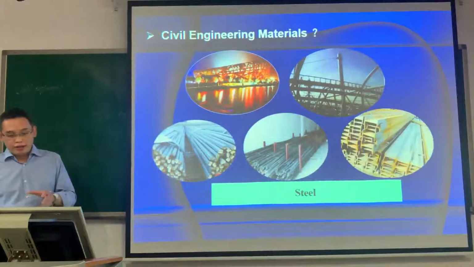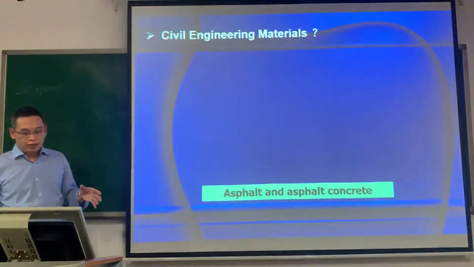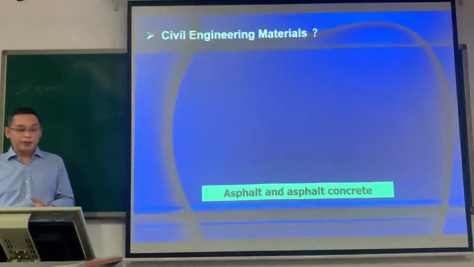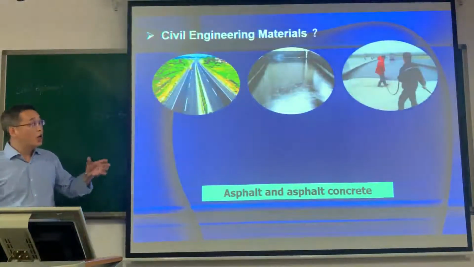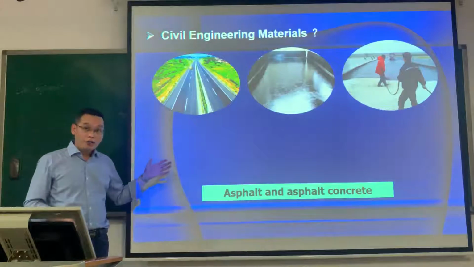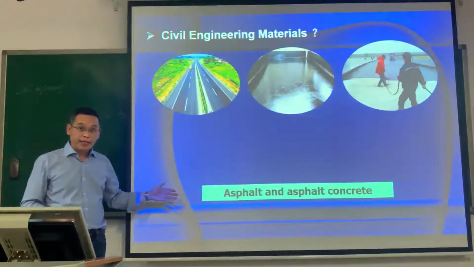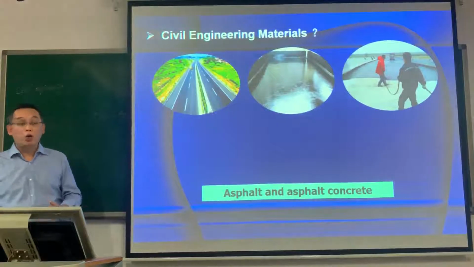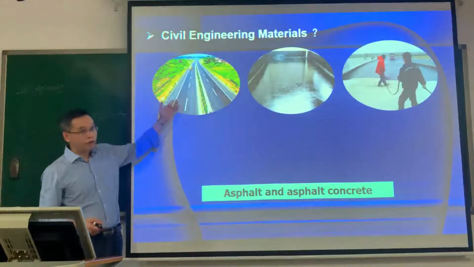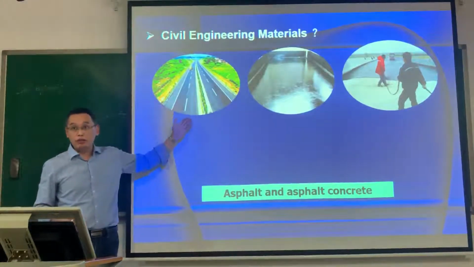And then is for the asphalt and asphalt concrete. The application of the asphalt or asphalt concrete is more widespread now. We can use the asphalt concrete to construct the road.